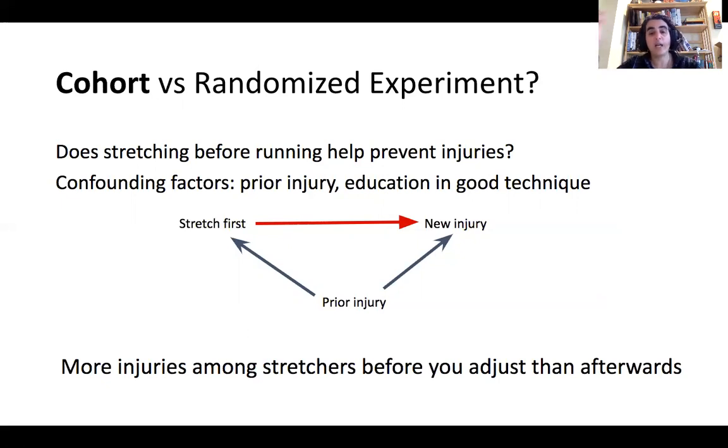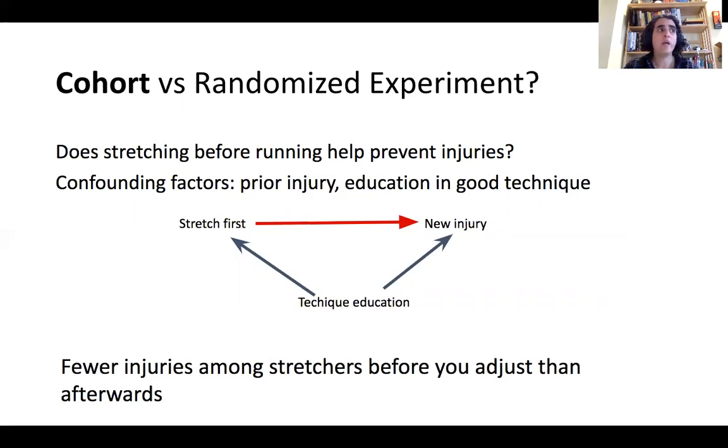Yet at the same time, that person with a prior injury probably is more likely to have another injury because you're often not as strong after an injury. That joint or whatever might still be a little bit fragile. So that would lead it to look like people who stretched have a higher rate of injuries than is actually the case because of this confounding factor of the prior injury.